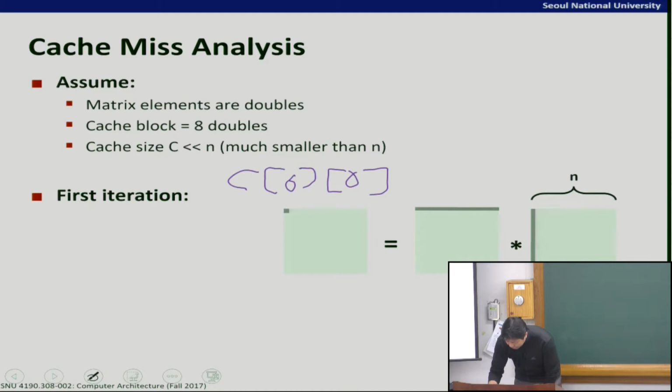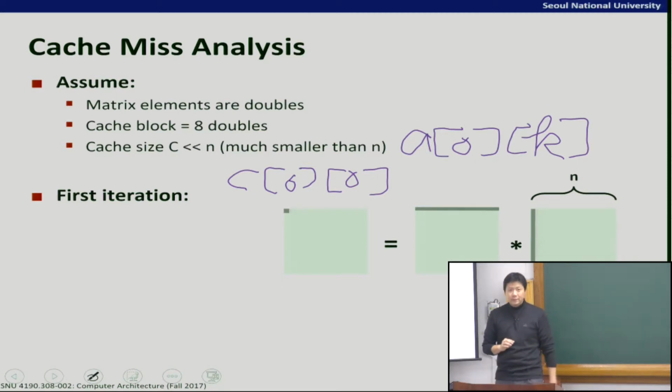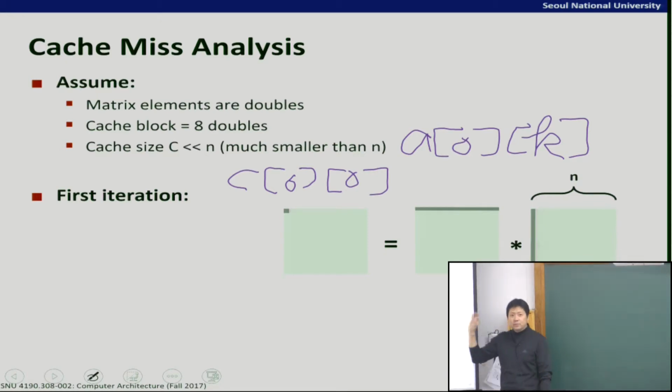In order to calculate this, we have to read the entire A of 0, K, and we also have to read the entire B of K, 0. Right? So that's the access pattern. In order to compute a single element in the output, we have to read the entire row and the entire column, right? That's what it needs.